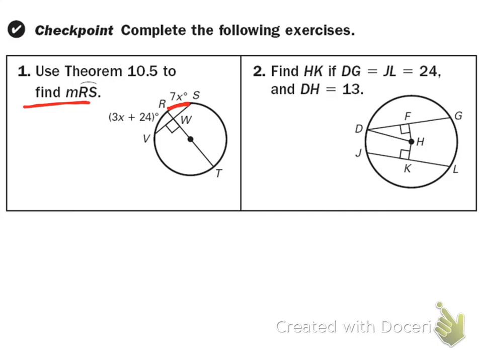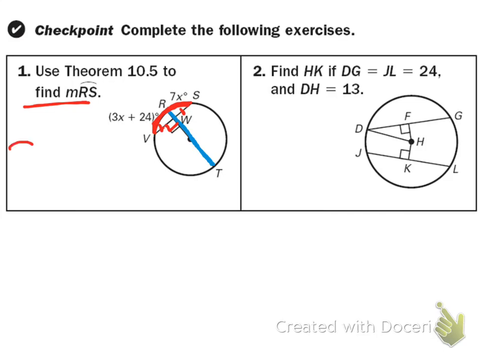Notice that RT is the diameter of this circle, since it passes through the center. We discussed in the theorems today that if a diameter was perpendicular to a chord, that diameter not only bisected the chord, but it also bisected the arc, which means it's cut this arc into two congruent pieces.